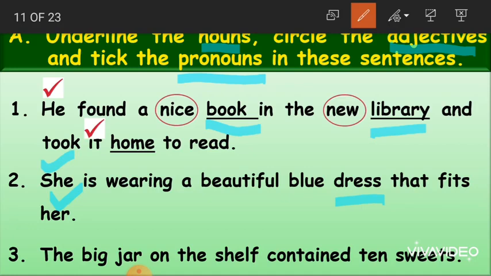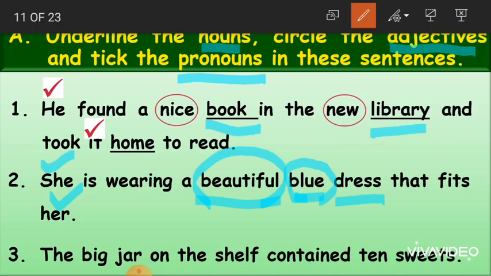Then adjectives: the words that describe the nouns. What is our noun here? Dress. How is the dress? It's beautiful. It's blue. So that's why these two become adjectives. She and her are pronouns. Beautiful and blue become our adjectives and dress is our noun. Clear, children? Now we'll go to the third one.